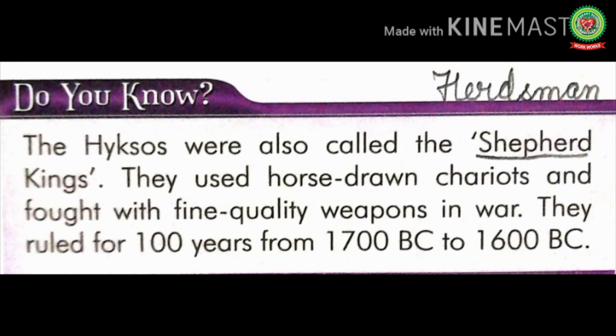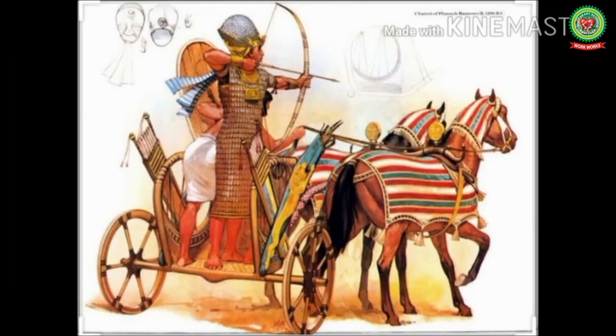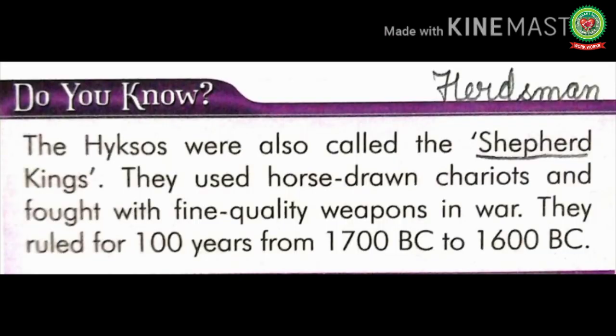Next, they used horse-drawn chariots and fought with fine quality weapons in war. It means they were the first people who used chariots and best quality weapons in war. Next, they ruled for 100 years from 1700 BC to 1600 BC.